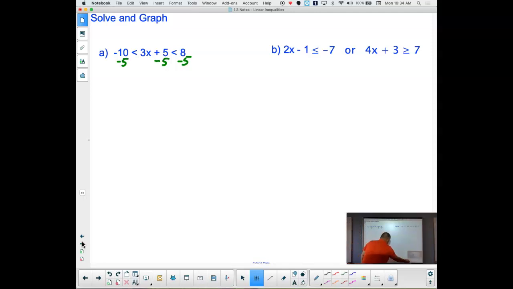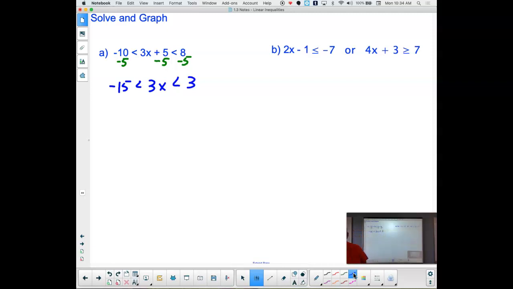So then here, -10 minus 5 is not -5. It is -15, which is less than 3x, which is less than 3. 8 minus 5 is 3.